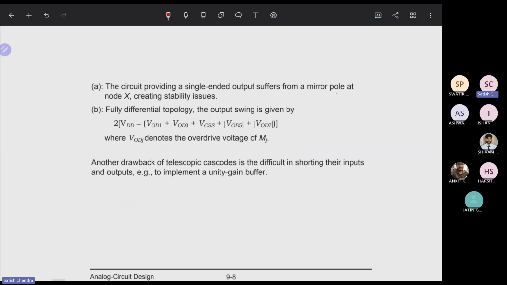In the fully differential topology, the output swing is given by this expression, where OD,j is the overdrive voltage of the transistor MJ. In this case, the drawback is shorting the input and output to implement a unity gain buffer. Basically it is a very difficult task to do.